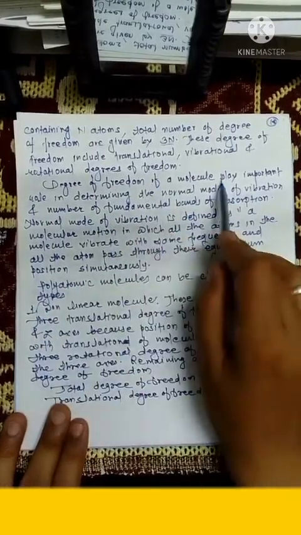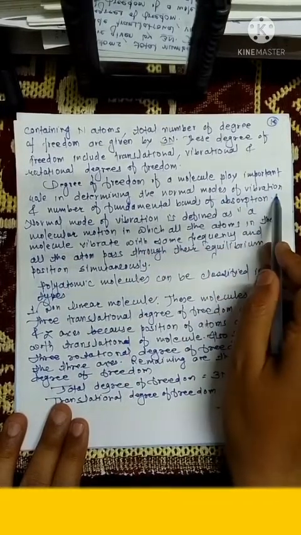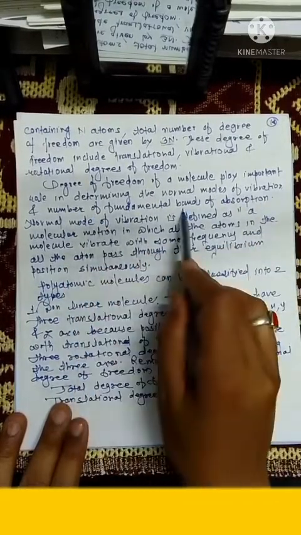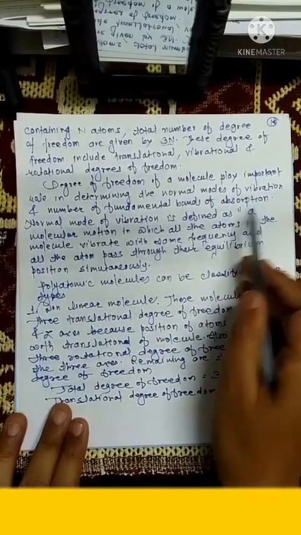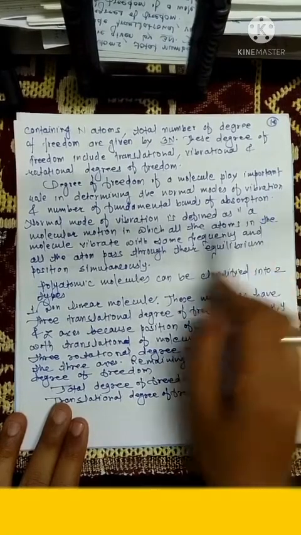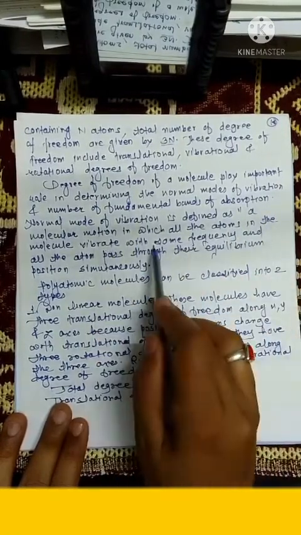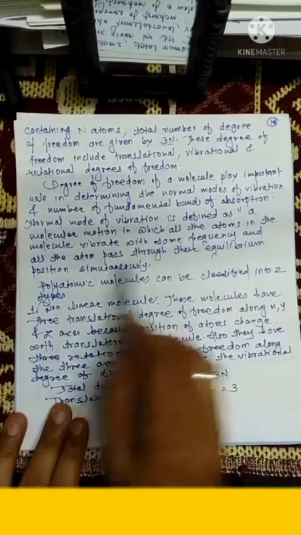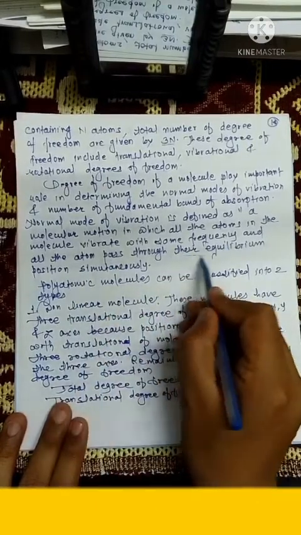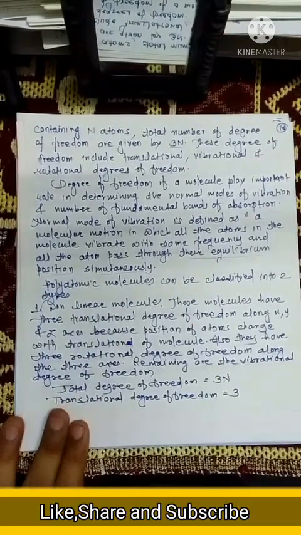Degree of freedom of a molecule plays an important role in determining normal modes of vibration and number of fundamental bands of absorption. Normal mode of vibration is defined as a molecular motion in which all the atoms in the molecule vibrate with the same frequency and all the atoms pass through their equilibrium position simultaneously.